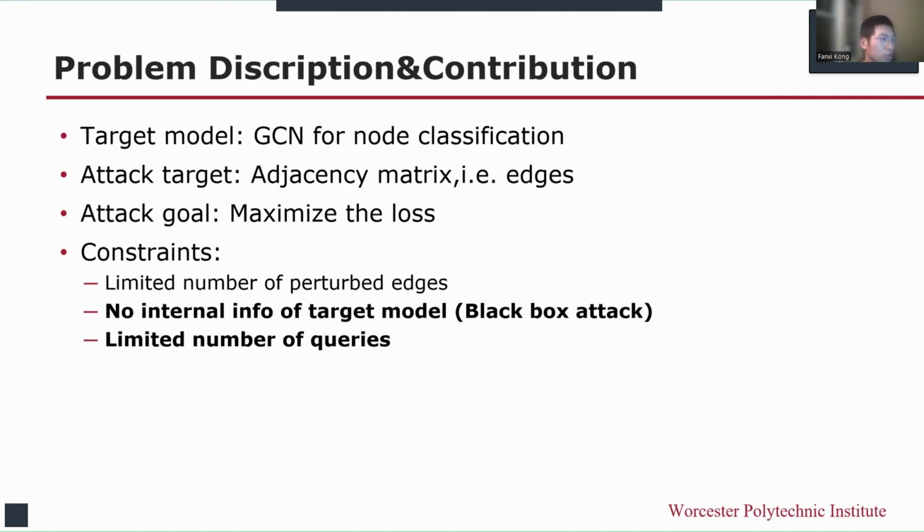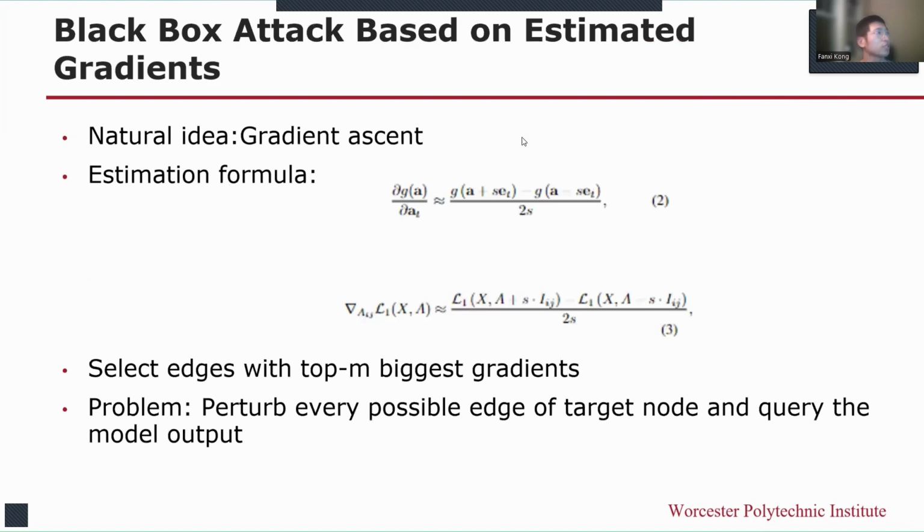Furthermore, we want to perform black box attack with a limited number of queries. I will introduce what this means later. So our contributions for this project are that we propose two methods. The first one is a black box attack, and the second one is a black box attack with a limited number of queries. So let's see how we did this.